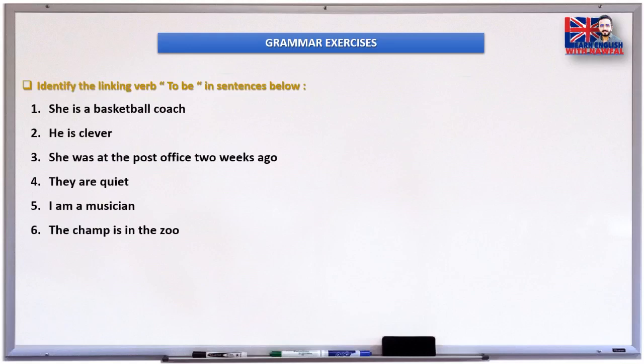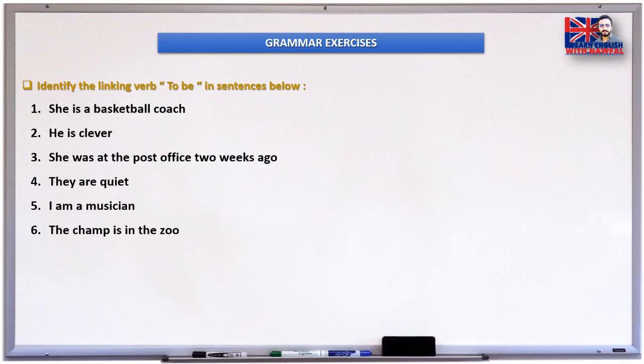Now, I just want you to identify the linking verb to be, which is of course the main verb of these sentences. So just try to read each sentence and identify the linking verb to be.